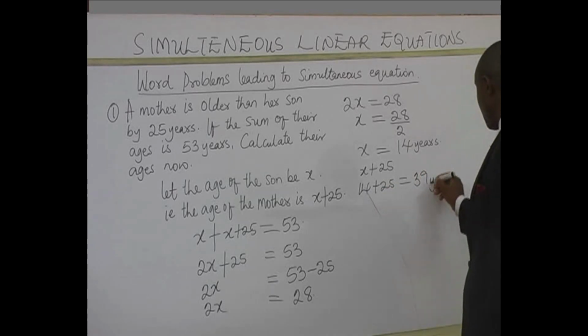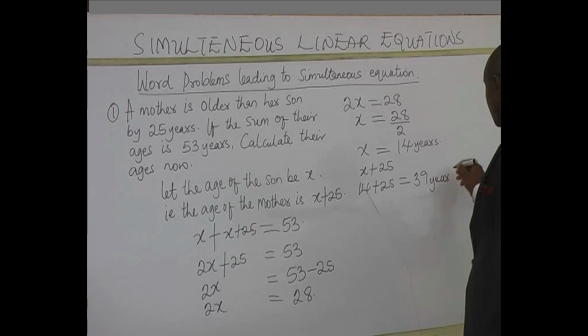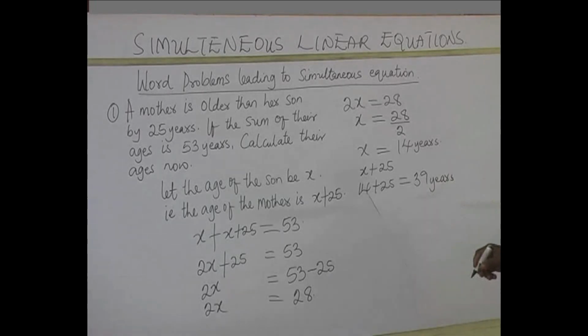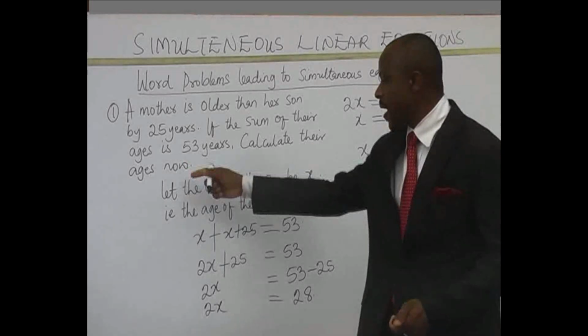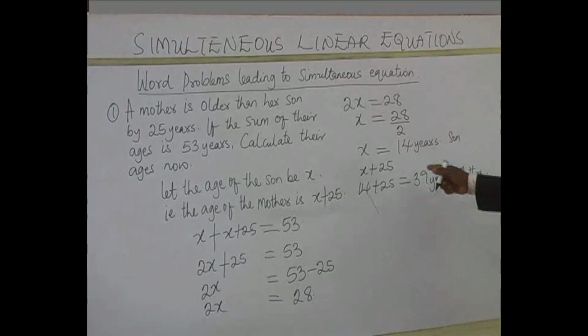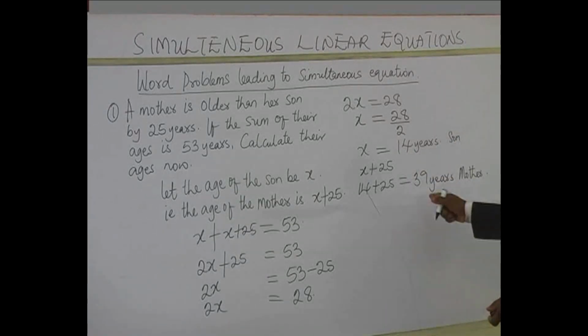That means the age of the mother is 39 years. That has answered the question that we should calculate their ages now. The age of the son now is 14 years, while the age of the mother is 39 years.